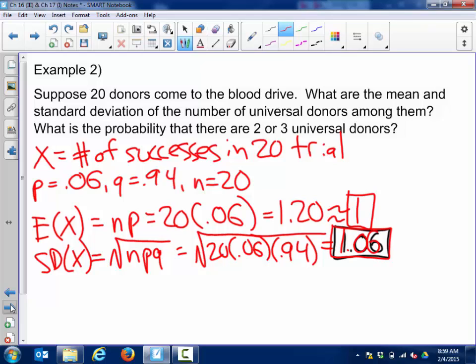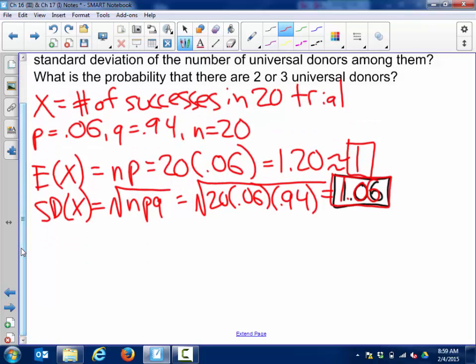Okay, I didn't mean to switch up the color here. Let me just do that. Okay, so we've got the mean, we've got the standard deviation.